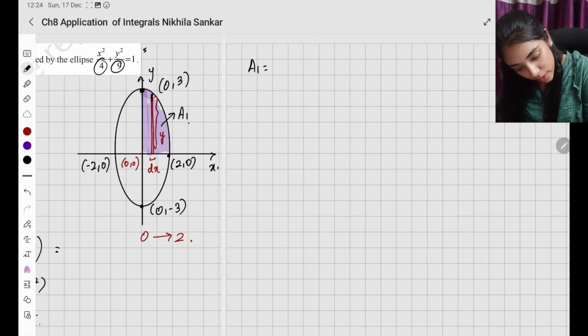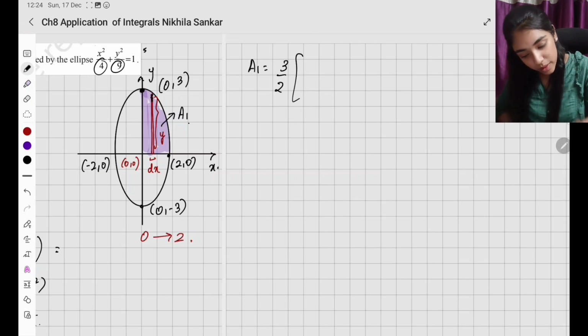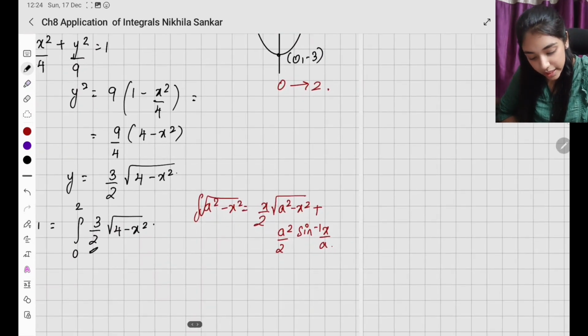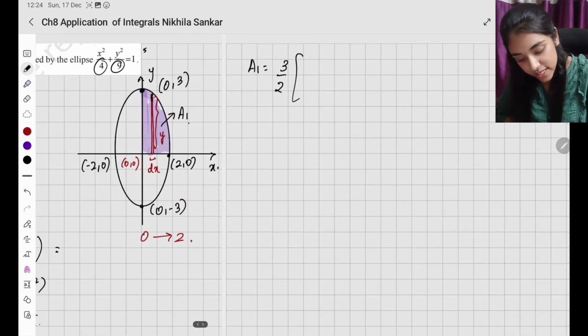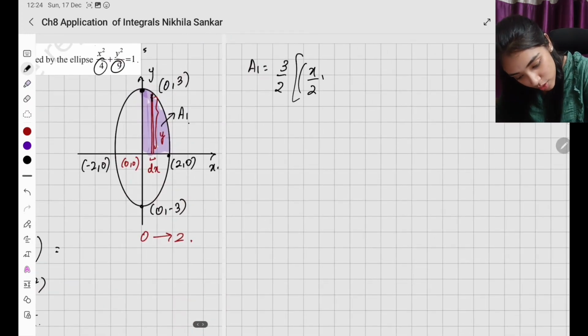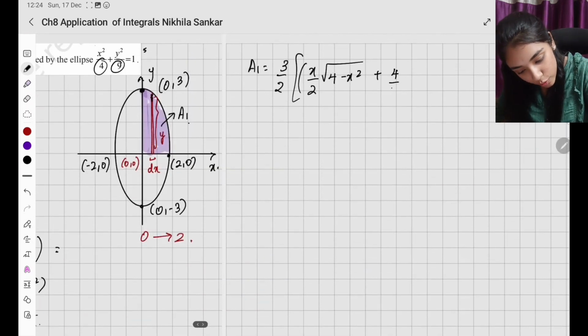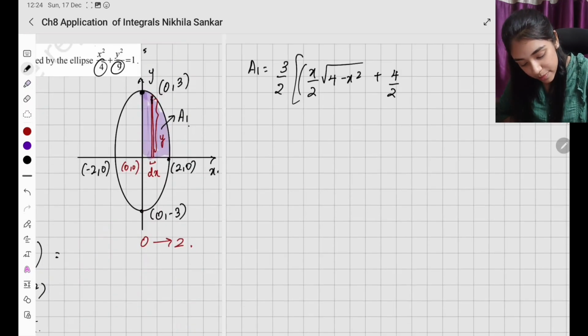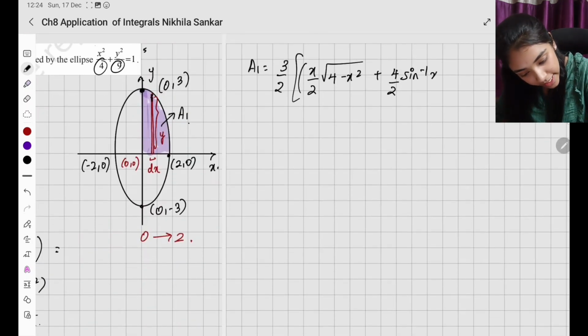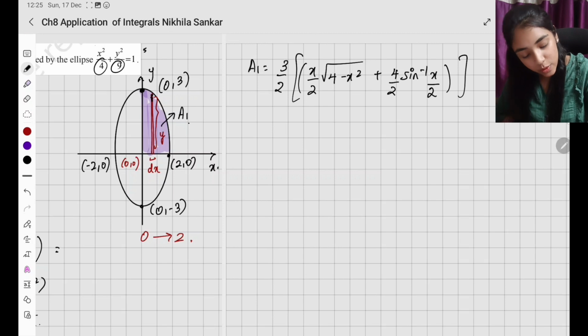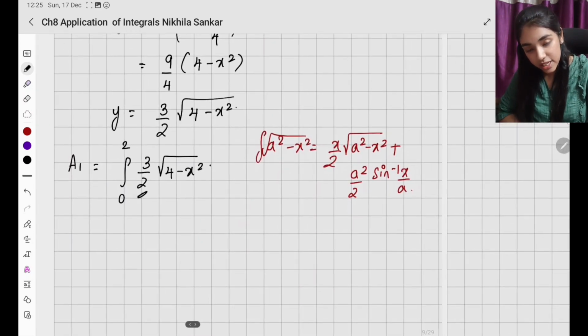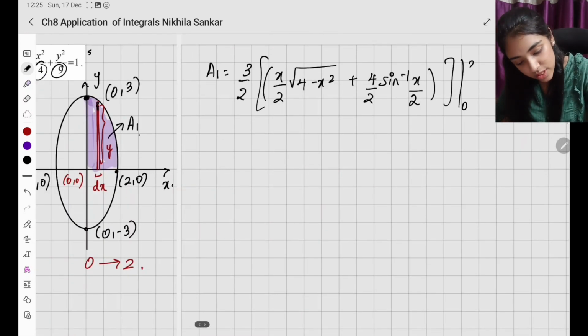I have A1 equals 3 by 2 is a constant. I'm going to open a bigger bracket and I have x by 2 square root of 4 minus x square plus a square divided by 2, a square is 4, so 4 divided by 2 times sine inverse of x divided by a. So this is what I have inside and the definite integral is going to be from 0 to 2. Right? So 0 to 2.